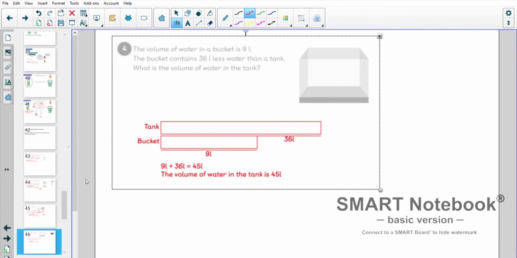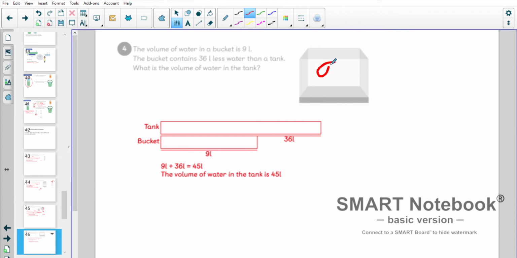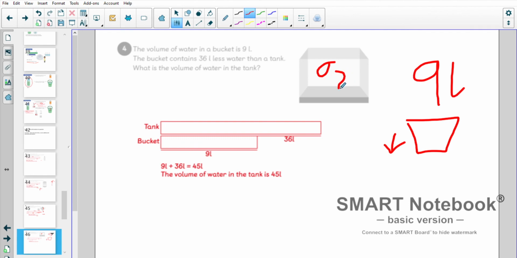And the final one, the volume of water in a bucket is 9 litres. So that's a bucket there. The bucket contains less than the water in the tank. So we don't know what the water in the tank is, but we know that 9 litres is less than the tank.